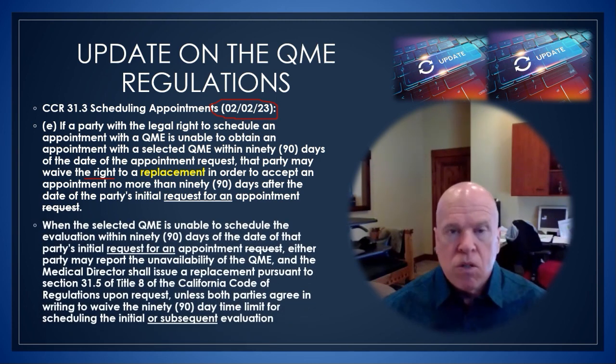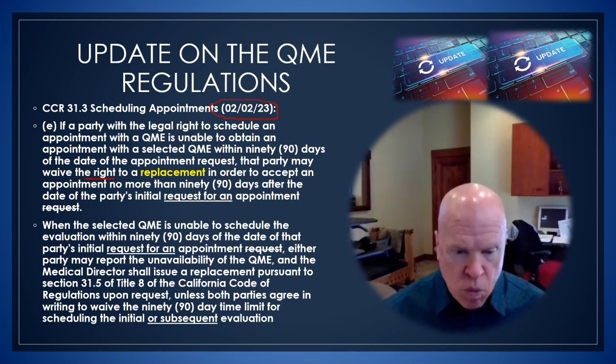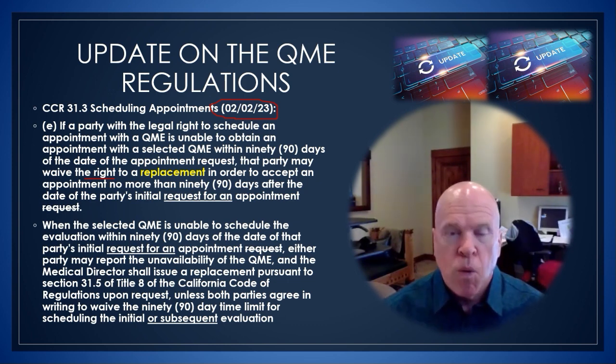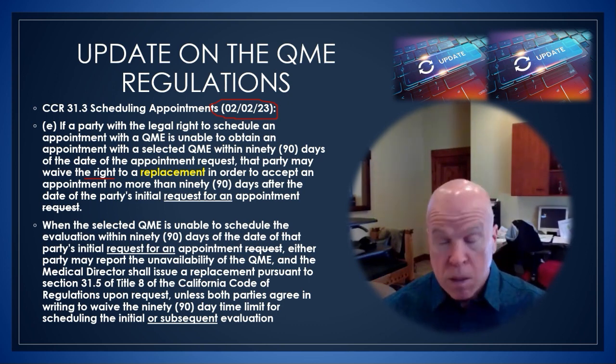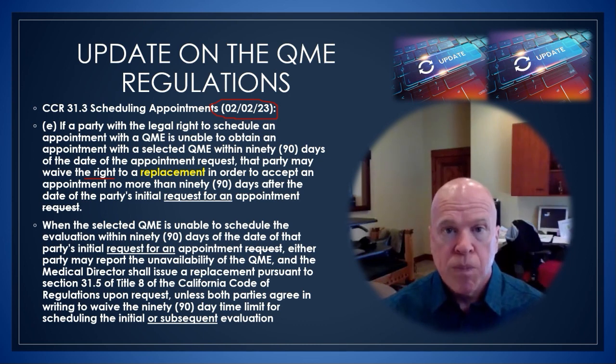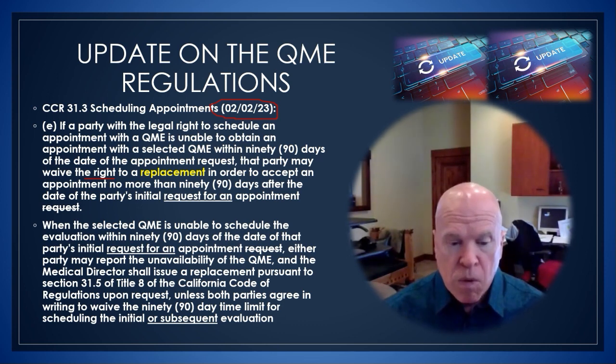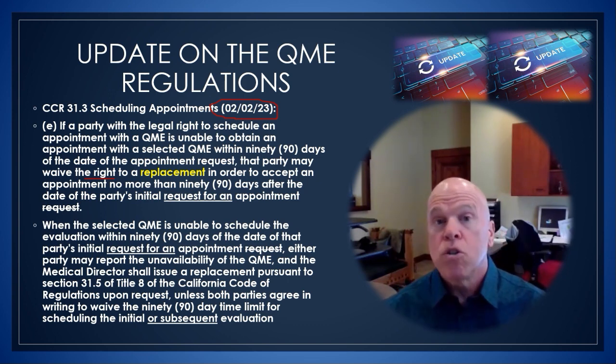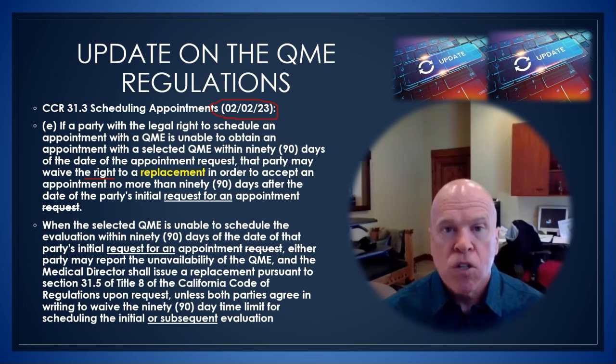It says when the selected QME is now unable to schedule the evaluation within 120 days of the date of that party's initial request for an appointment request, either party, the party with the legal right, let's say that's the applicant attorney, or the other party, the defense attorney, either party may report the unavailability of the QME, and the medical director down at the DWC shall issue a replacement panel pursuant to Section 31.5 of the QME regulations. 31.5 is the section of the regulations that describes about 15 different circumstances wherein a QME replacement panel will be issued.